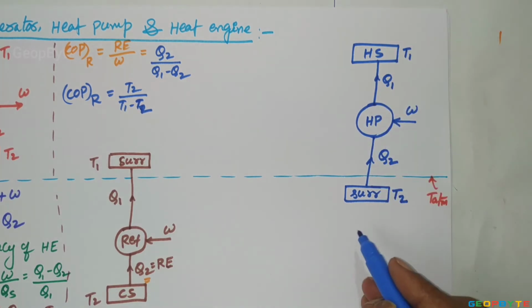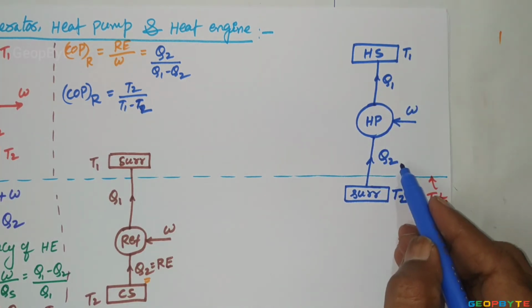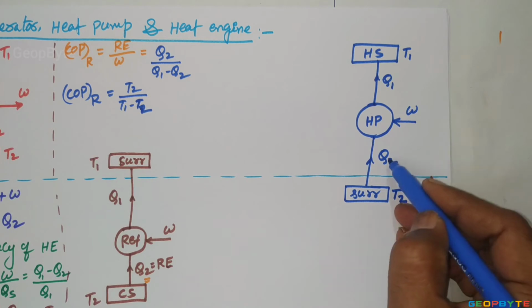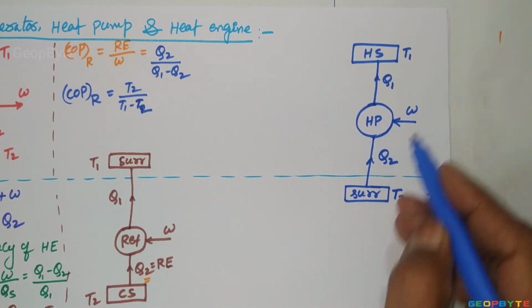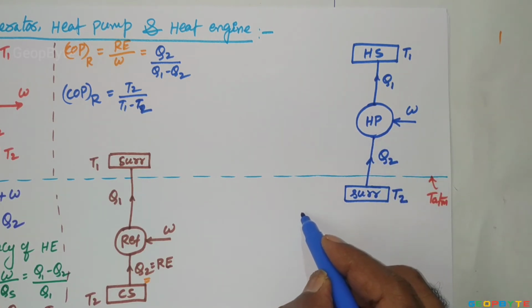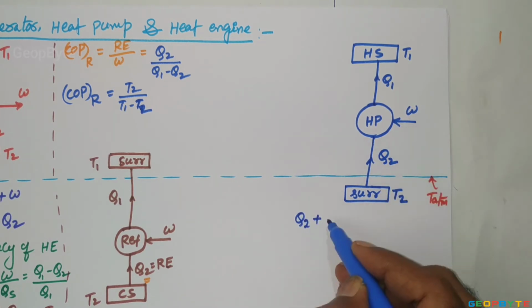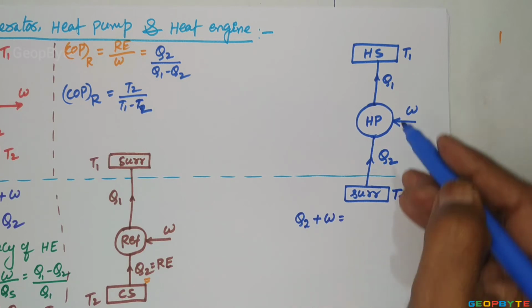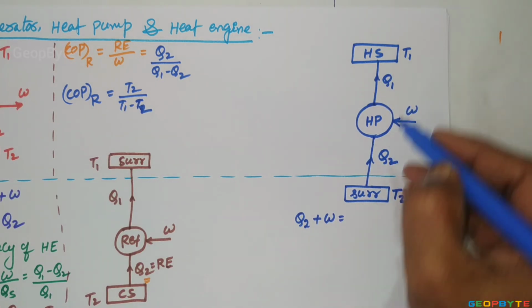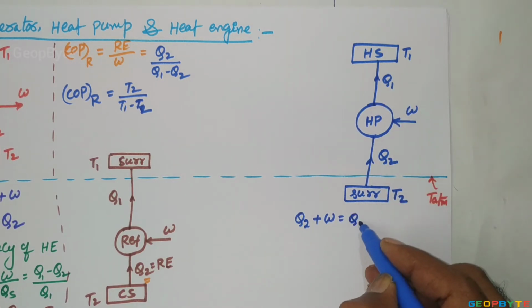Now, the energy balance equation for the heat pump: the sum of the energies entering the heat pump, Q2 and W, must be equal to the heat rejected to the hot source, Q1.